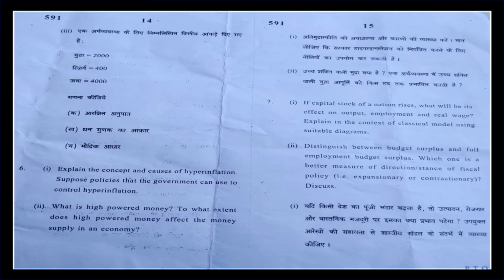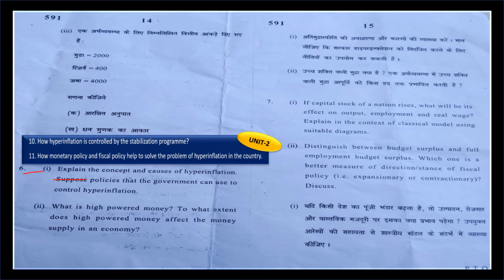Coming to question number 6, part 1. Explain the concept and causes of hyperinflation, and suggest policies that the government can use to control hyperinflation. If you remember my video in unit 2, I requested you to prepare the concept of hyperinflation very nicely.